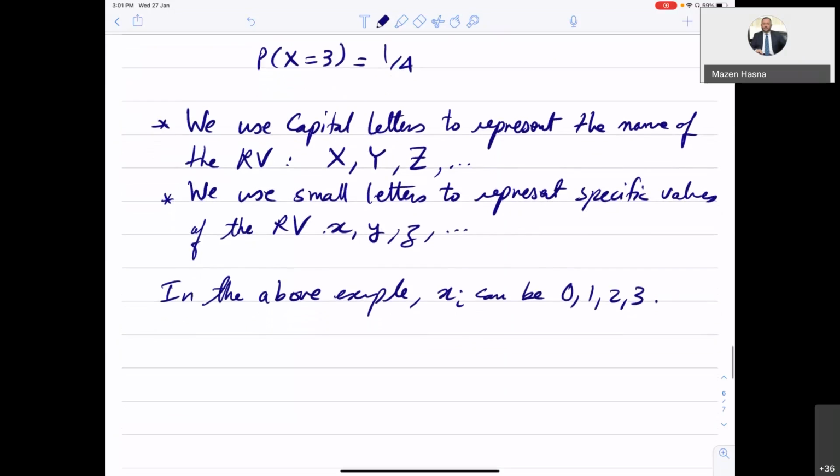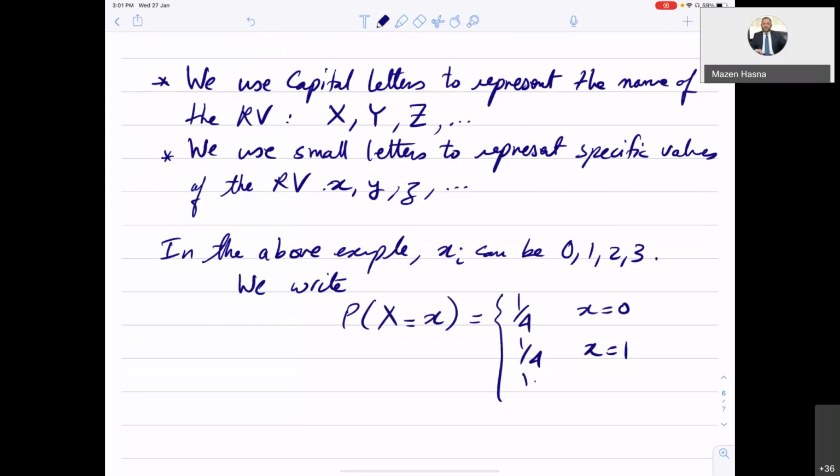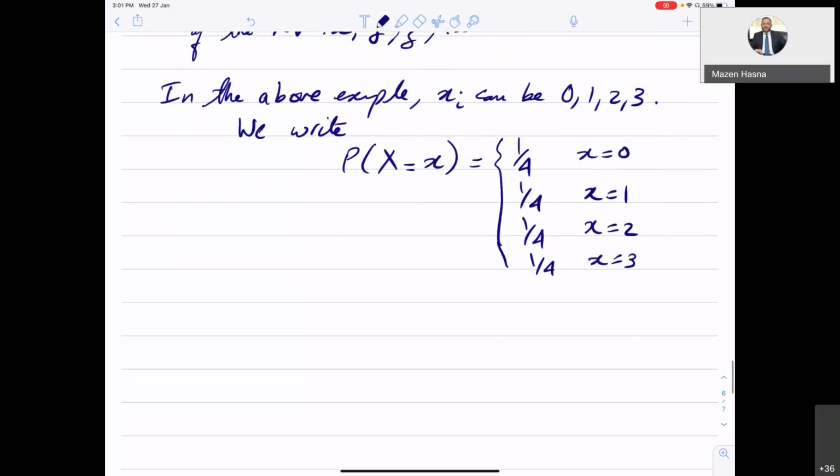And we write probability of my random variable X takes a small value x is what? With probability 1 over 4, x will be 0. With probability 1 over 4, x will be 1. With probability 1 over 4, x equals 2. And x equals 3. Very simple. You'll get used to it as we move on.